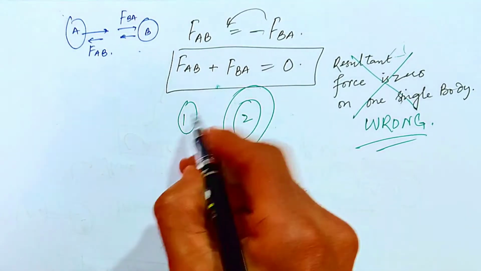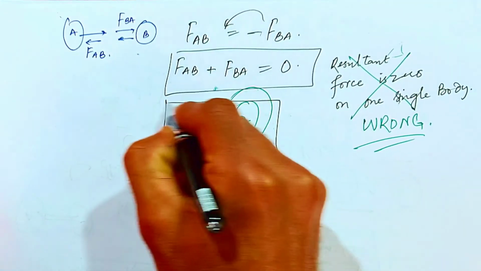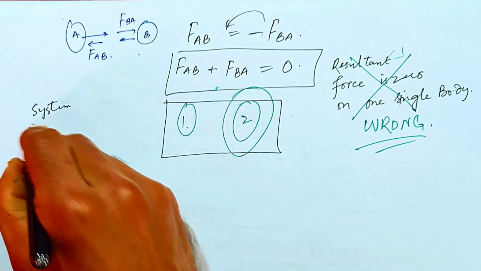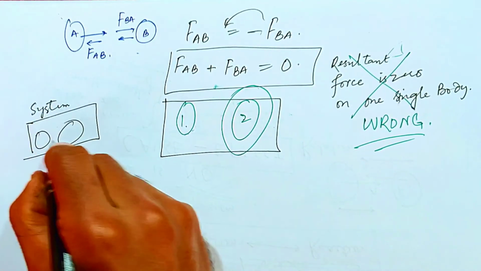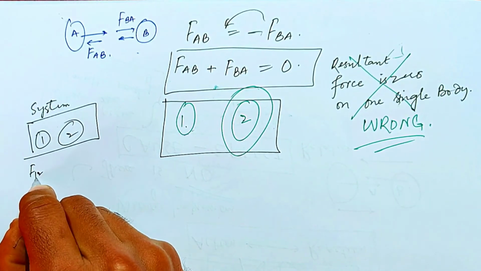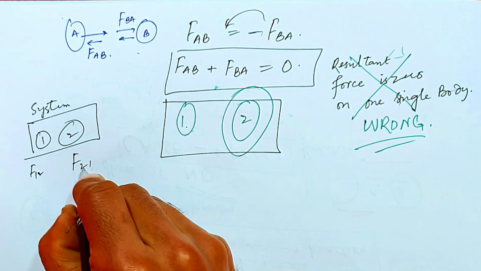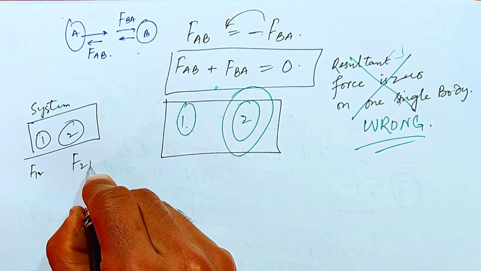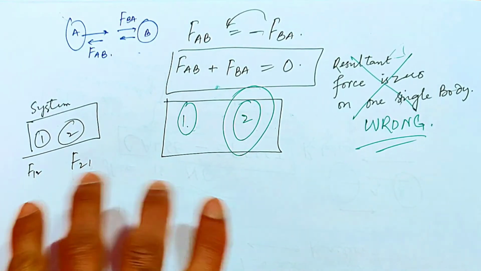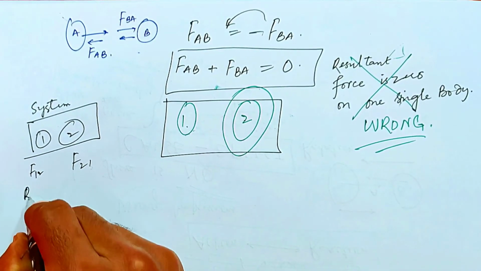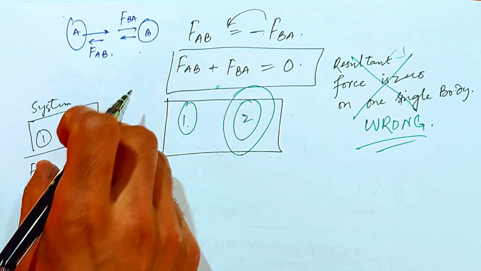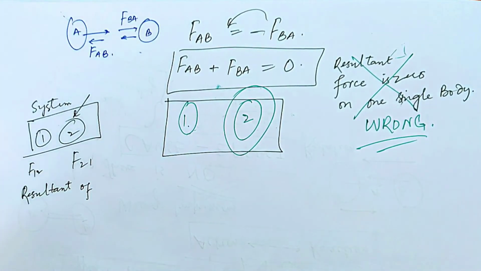We can say that if we combine these two bodies as a whole, and consider a system in which we have both bodies 1 and 2, with the force applied on body 1 by body 2, and the force applied on body 2 by body 1, then we can say that the resultant of forces, but here these are the internal forces.